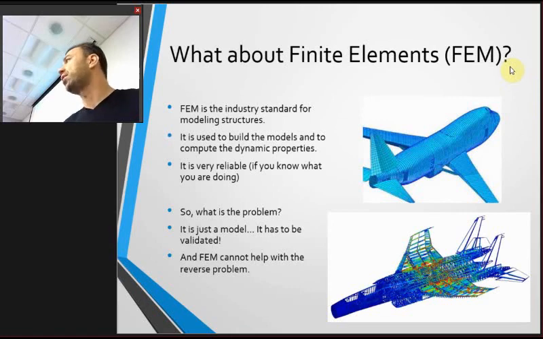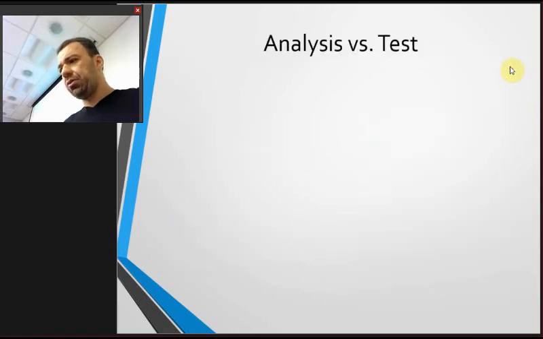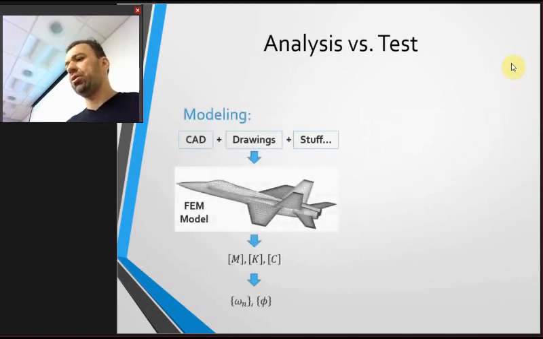We talked about the ground vibration test. We talked about finite elements. Let's distinguish between the two approaches. What do we do in each one in order to get our model properties? So for modeling, we usually start with the CAD data, drawings and all kinds of other data, for example, stiffnesses of the pistons, all kinds of friction coefficients.